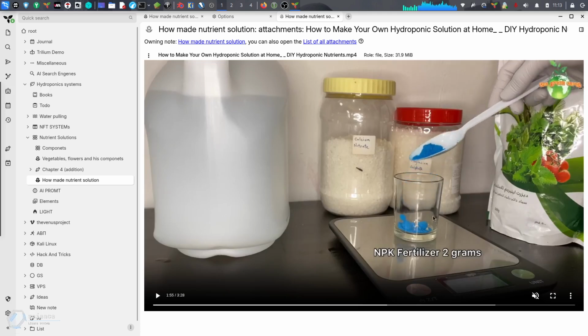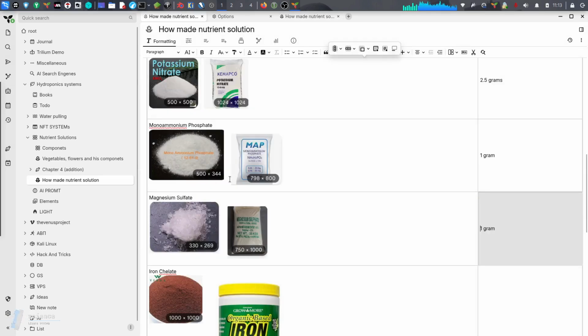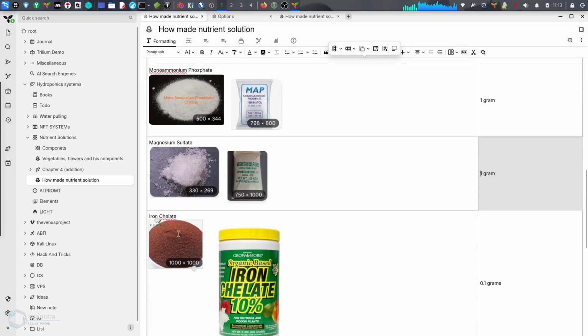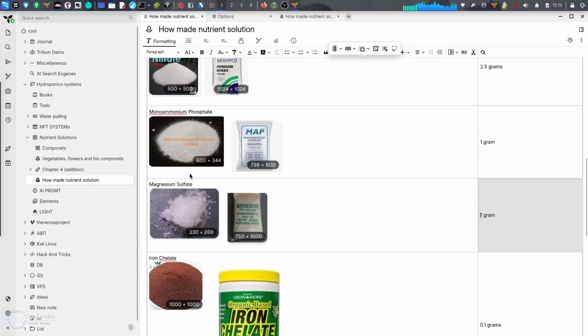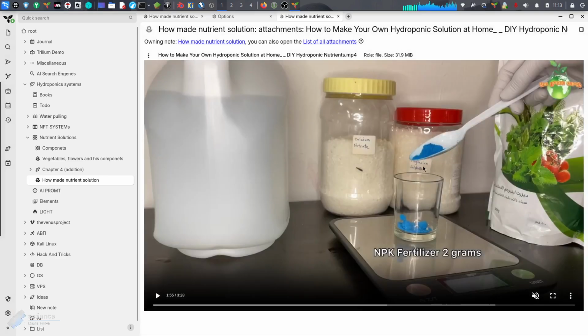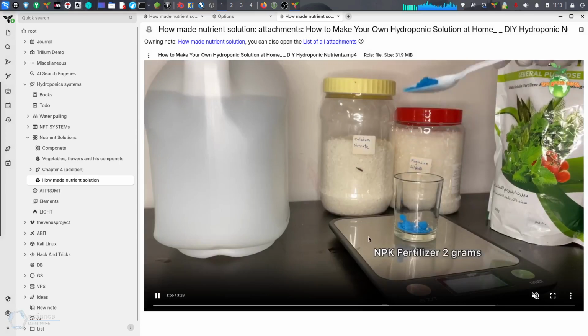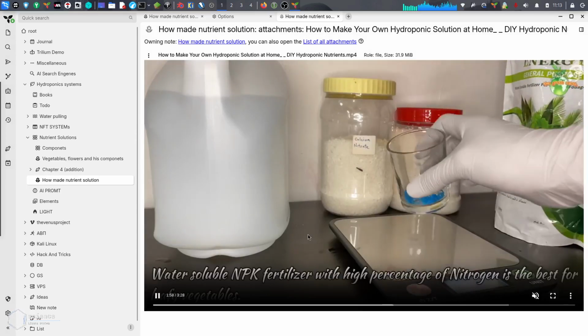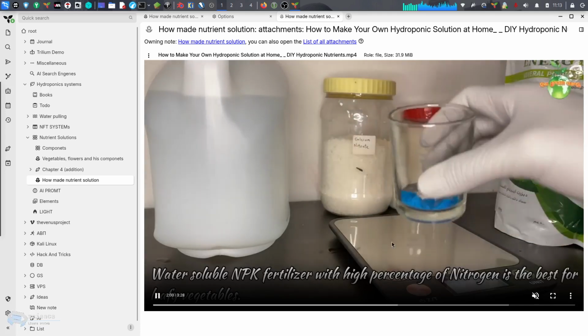This is a mixture of iron chelate and other nitrates, can be other nutrients. I don't know. We can ask what is the fertilizer.